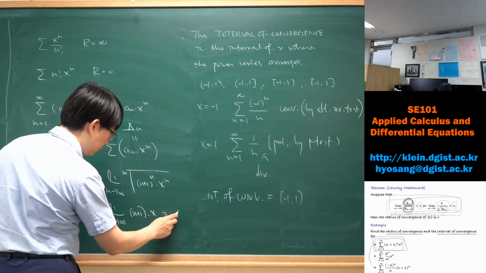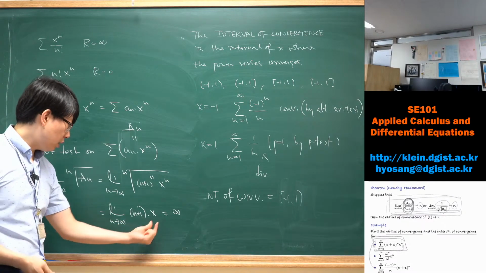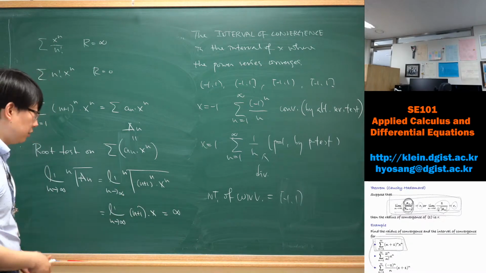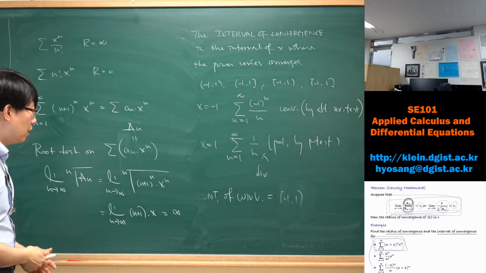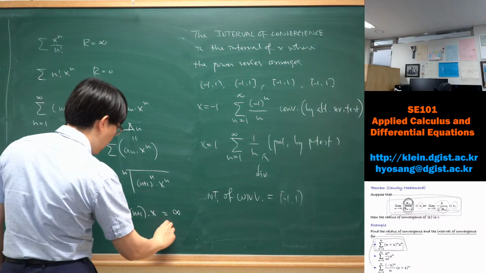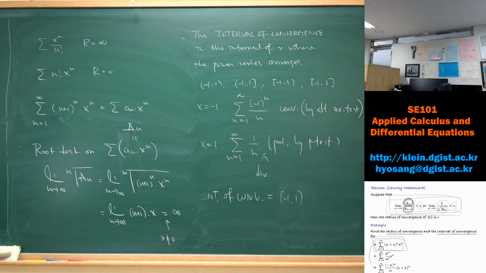It's infinity. It cannot be a finite number, whatever I choose, except for x equals to 0. That's obvious because x equals to 0 is the center. It always converges. So whenever we have x not equal to 0, it's always infinity. So it means it never converges.